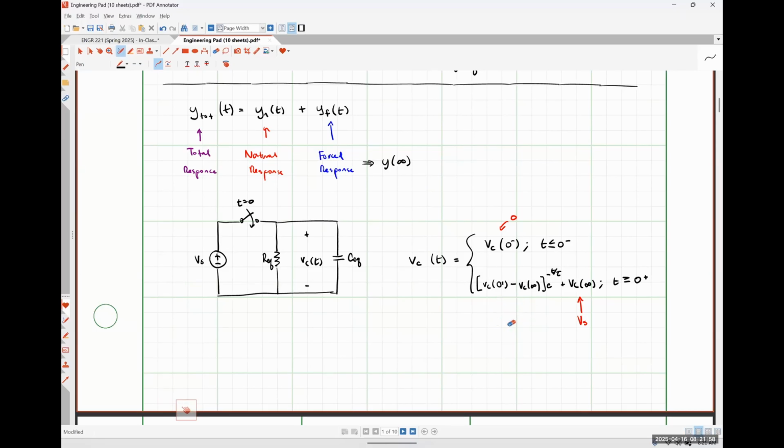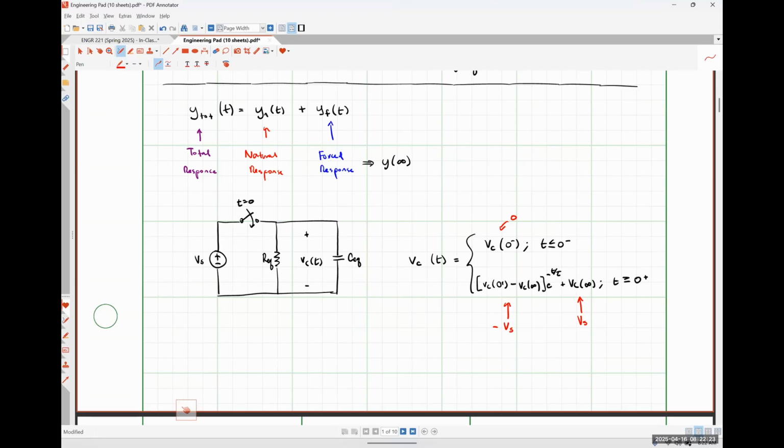This correction effectively makes this whole term look like negative Vs, so that when I add these two bits together at t equal to 0 plus, I have 0 volts for 0 minus and 0 volts for 0 plus, forcing this to be a continuous function of time.